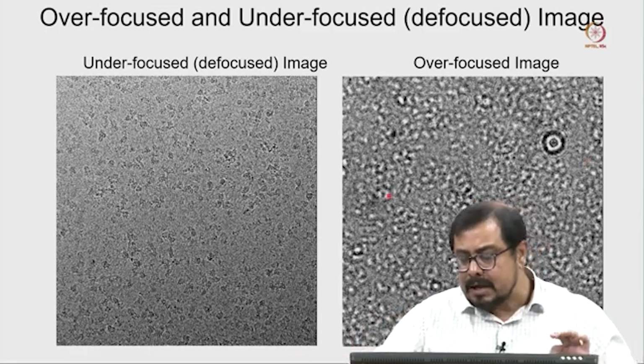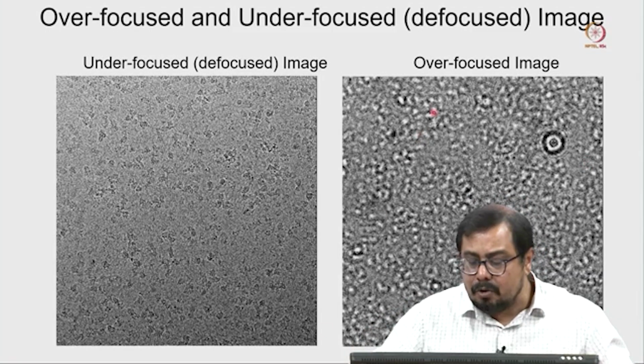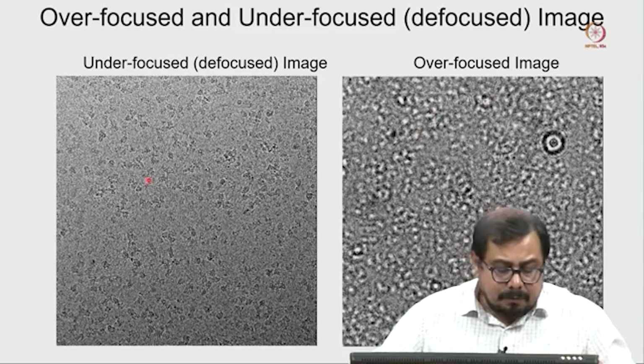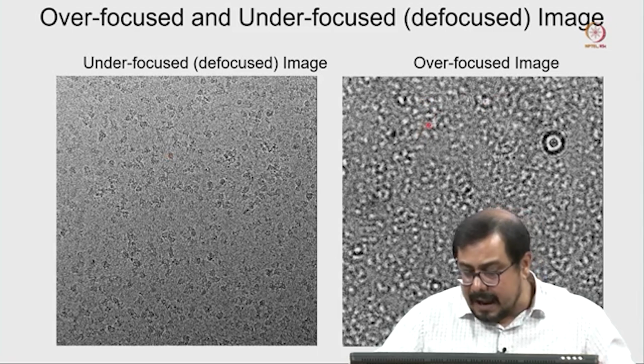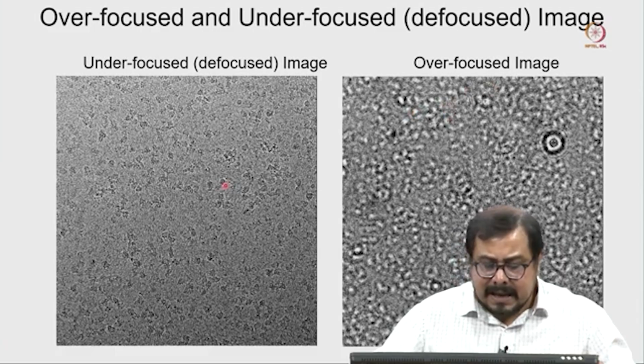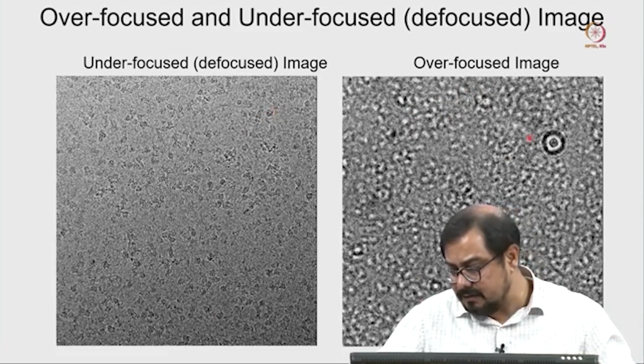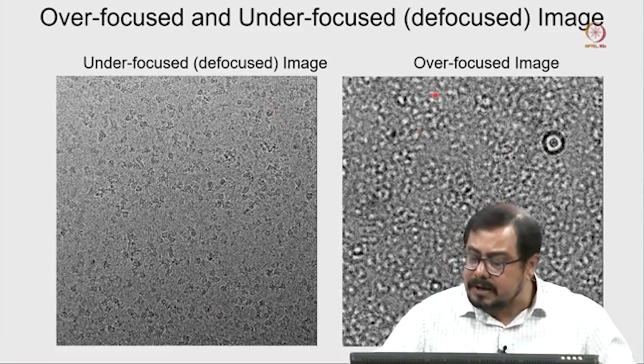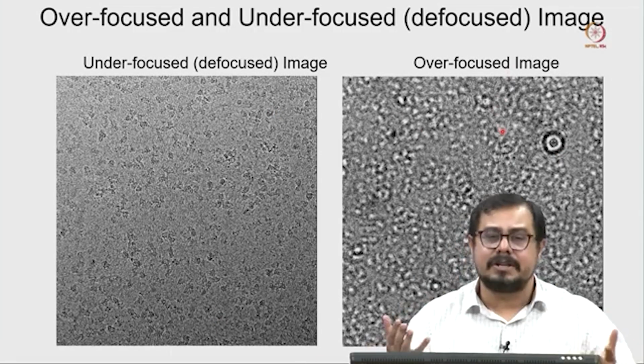It is not only that. These are the individual protein molecules here, but those that appeared black are now appearing white, and there are also some circular things here, this one that appears like this. There are lots of protein molecules there, but their contrast is inverted.